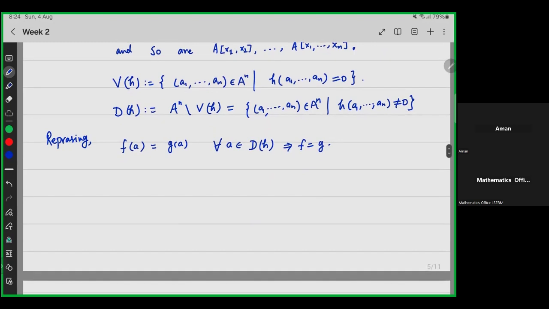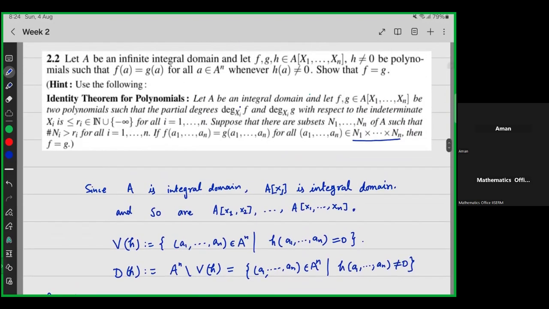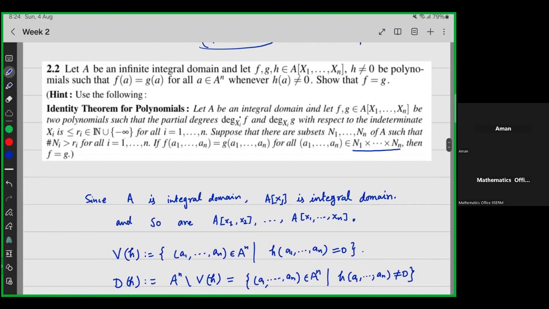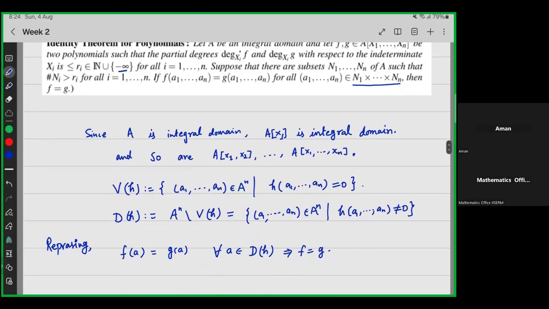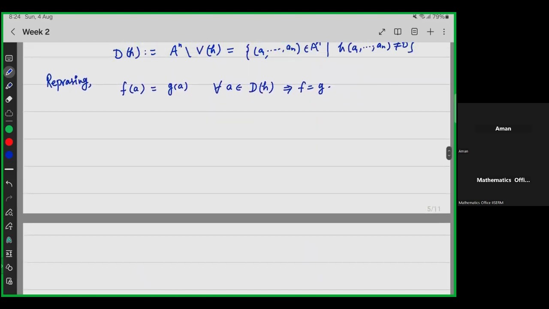So what to do here? One more thing, what else does the identity theorem tell? Because these partial degrees can also be negative, meaning some xi can be 0 or all xi can be 0.